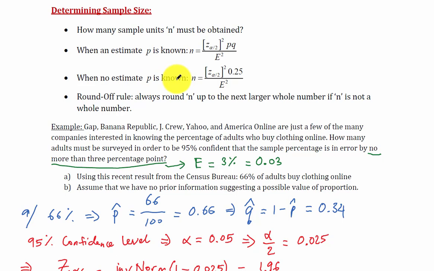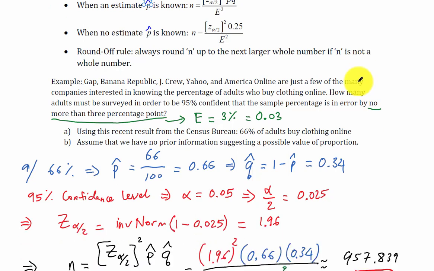And the same thing here, this should be p-hat, q-hat. Now there's a round up rule. As always, we round up the sample size to the next largest whole number if n is not a whole number.